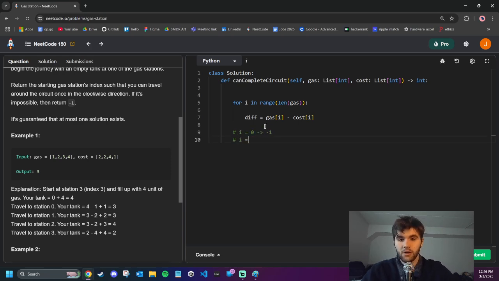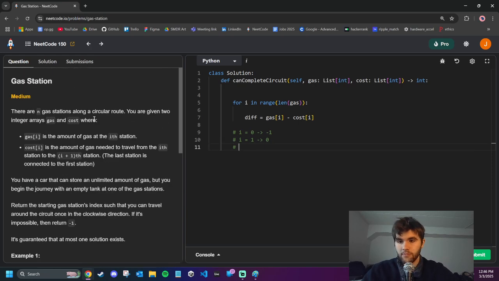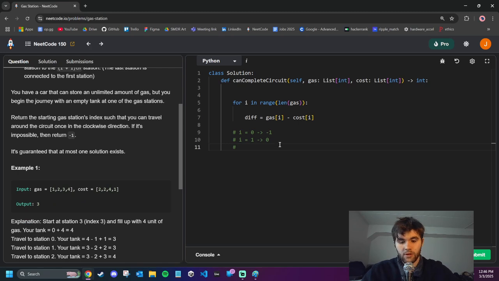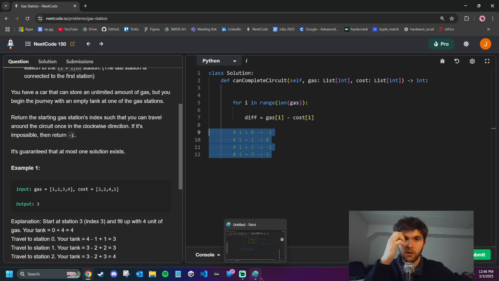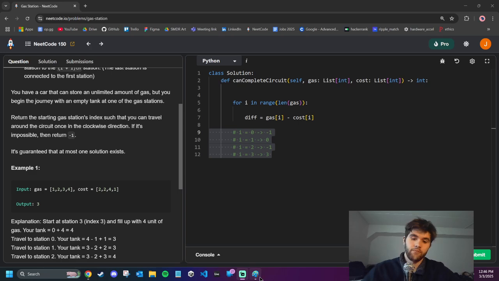We will fail right away. For i equals 1, it's 0, which means you won't fail right away, with my understanding. Okay, and then i equals 2 is 3 minus 4, which is -1, so you definitely can't start there. And then i equals 3 is 4 minus 1, which is 3. So would we just pick the max of these, like whichever starts you with the most gas? Is there any way that would fail?